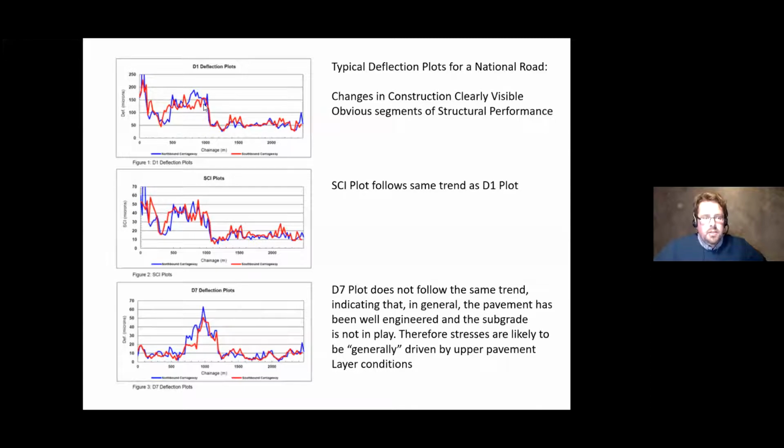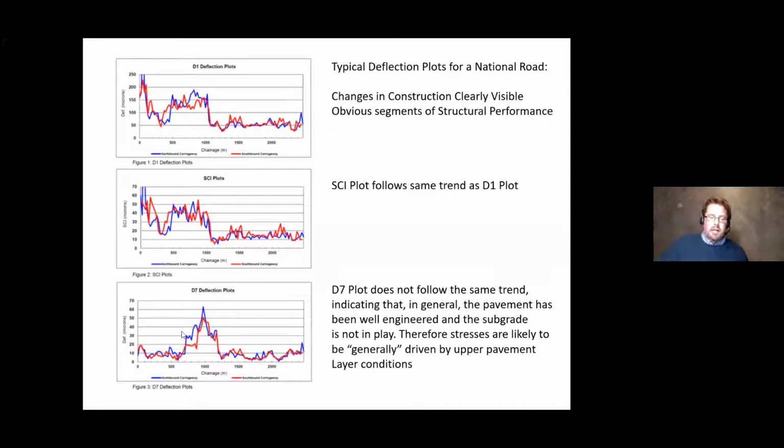In this case, the performance was driven by the upper layer pavement performance, because you drop from an overall pavement thickness of 220 mils along this stretch. Along this stretch, you're looking at 170 mils of bituminous. Along the latter end, that increased back up to 250 mils, and you can see that in the pavement performance there. The SCI follows a very similar plot to D1. That then indicates that your performance is being driven by upper layer pavement performance.